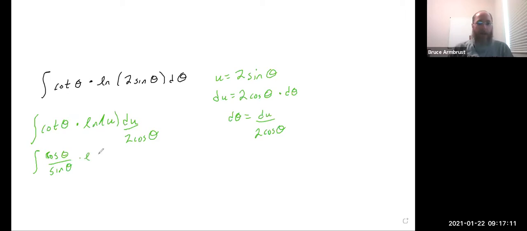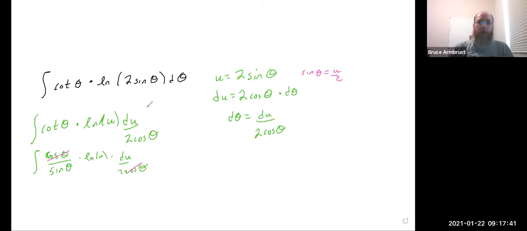And you can see now that the cosine thetas are going to cancel, so we'll slash those off. So we're feeling better, but we still have the sine of theta. But we can actually replace that using the substitution up here. Sine of theta is actually equal to u over 2.